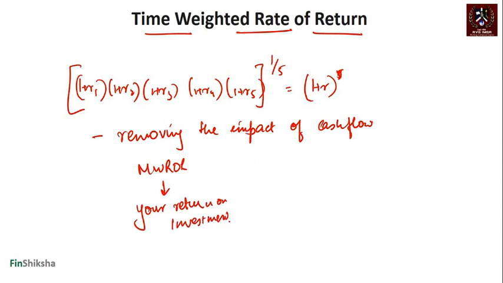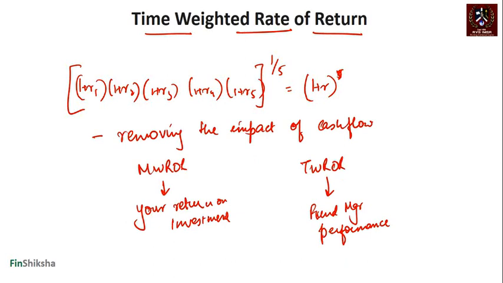And you use time weighted rate of return to get the fund manager performance. You're trying to find out what was the performance that the fund generated, right? So effectively that is the key to understanding these two rates of returns.